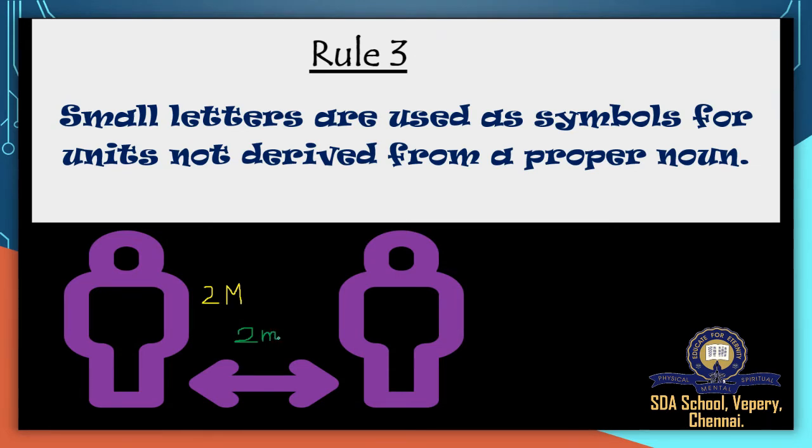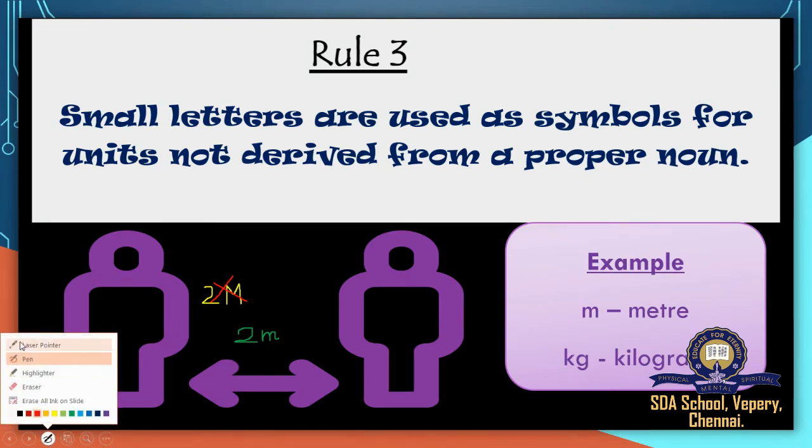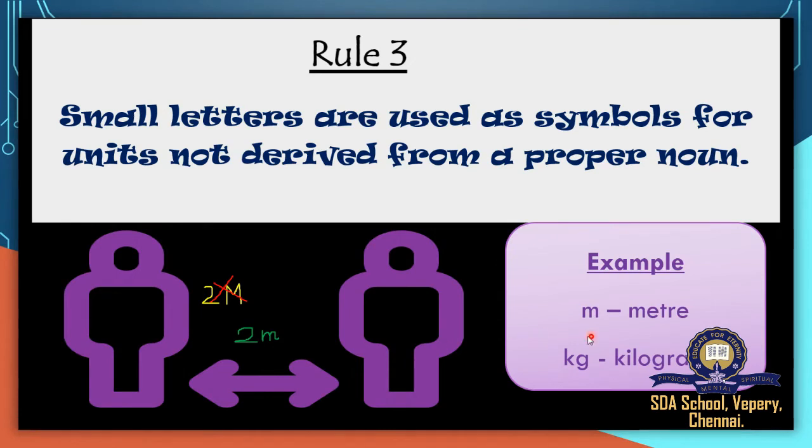Okay, this is the correct form, whereas the other one is the wrong form. For example, m for meter and kg for kilogram. Small letters should be used. This is what rule 3 states.